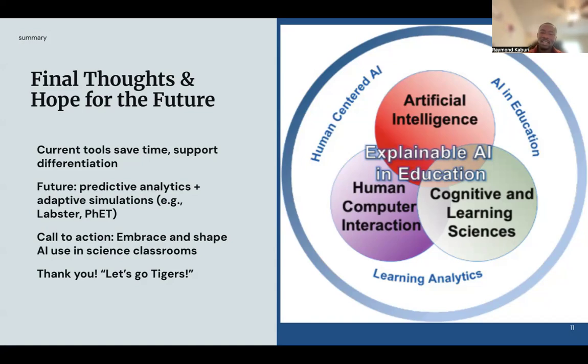And there's a call to action that we need to embrace and shape AI use in our classroom so that it will not have a negative impact and unethical use will be reduced. I think that if we embrace this with smooth and transparent regulations with regard to the ethical use of AI, using it ethically is fantastic. It saves time, like we said.